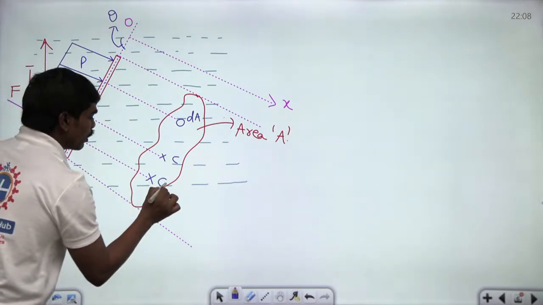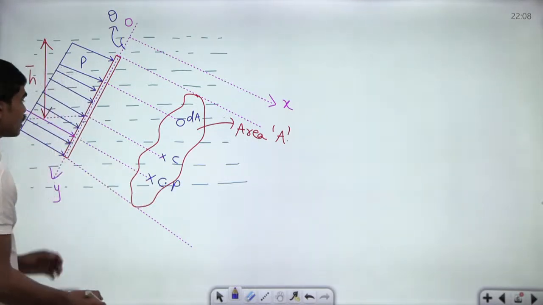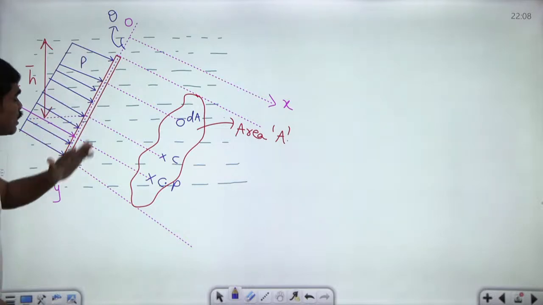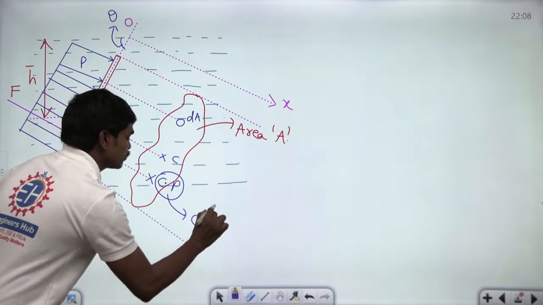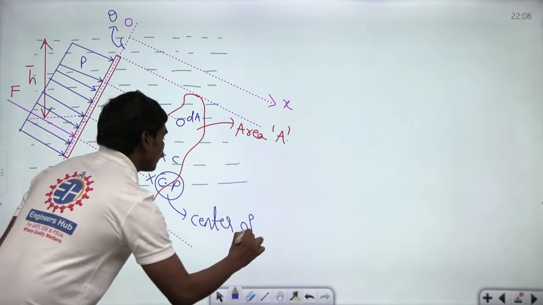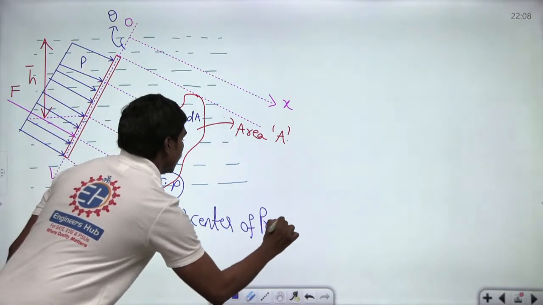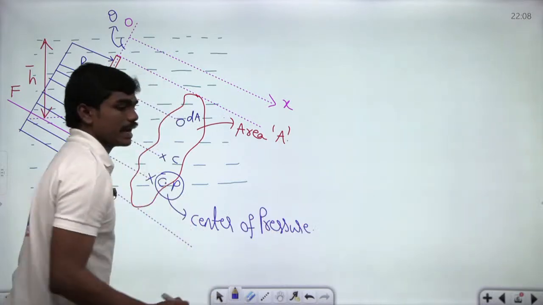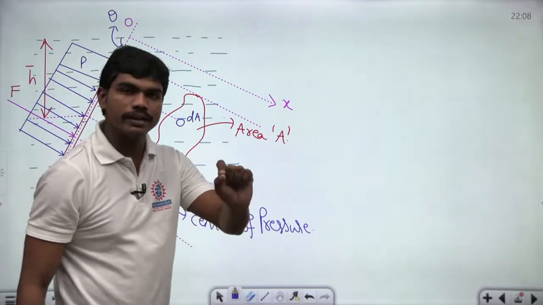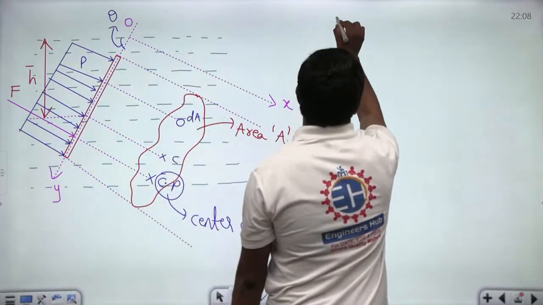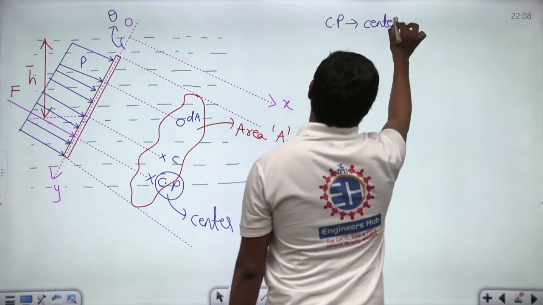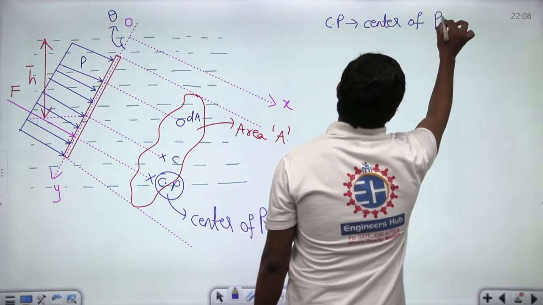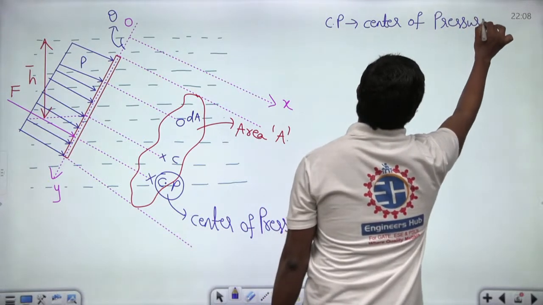So, this is the point where your complete pressure is supposed to be acting. So, let us call this point Cp, and this Cp, at which this complete pressure force is acting on this plate, is called the center of pressure. Center of pressure. Okay. And what is the center of pressure? The point at which the whole pressure force is supposed to be concentrated. So, if you are calling this Cp, then this Cp is called center of pressure, and this is the point, center of pressure.